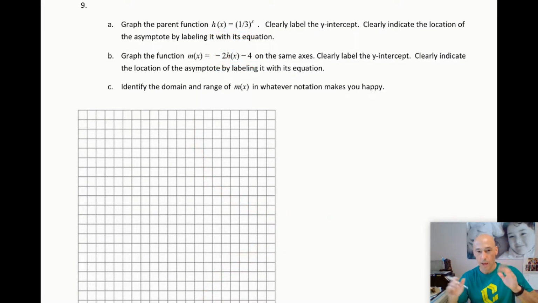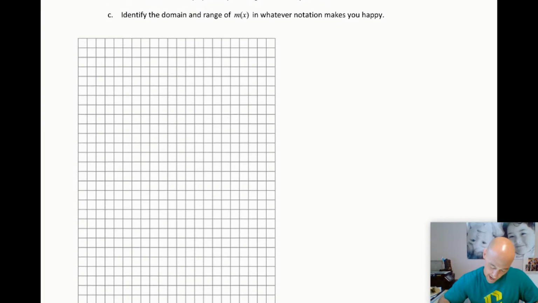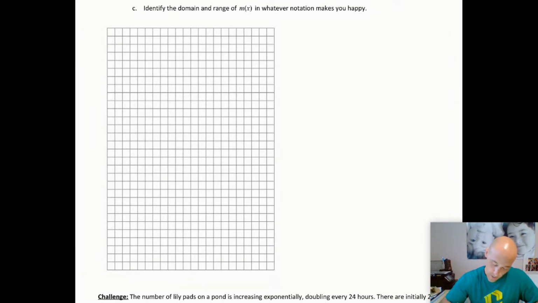So we have to think about those things when we're thinking about where we want to put our x and y axes. So here I'm going to put my y-axis just about right here in the middle.